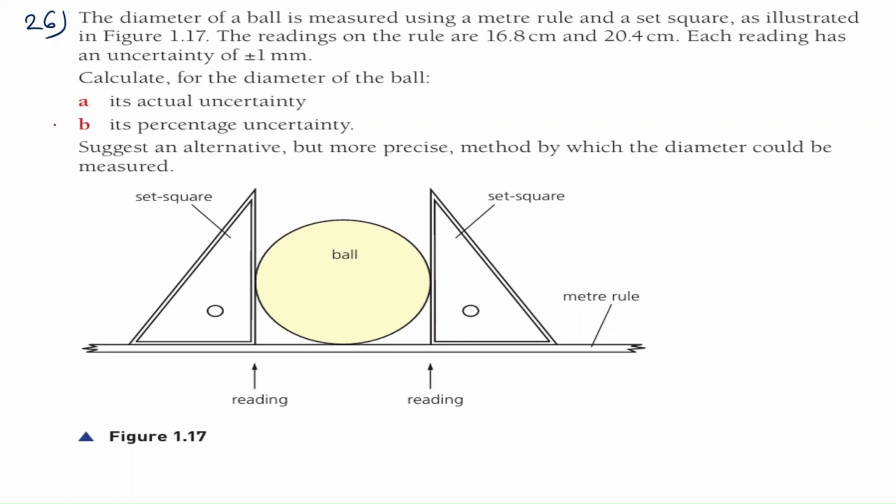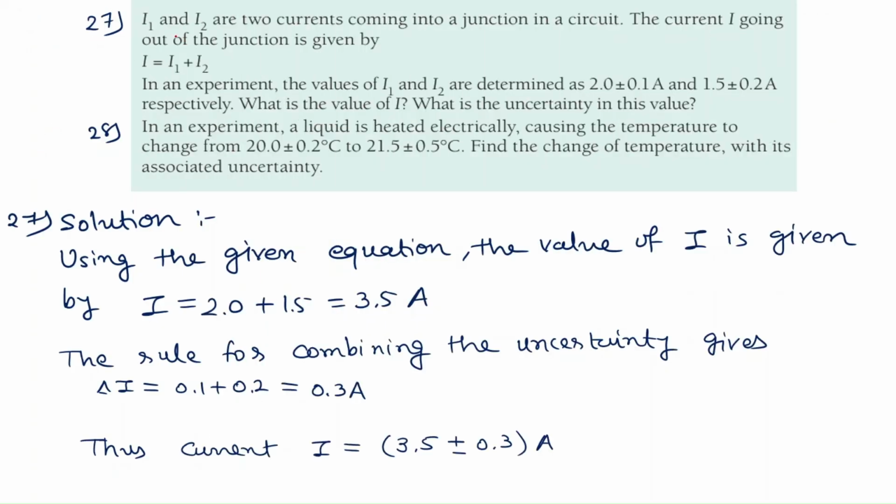Question number 27. In question number 27, they say I1 and I2 are the two currents coming into junction A of a circuit. If there is a circuit here, and we see this in electrostatics as well, but I just illustrate here so you do not get confused. This is a kind of junction, okay?